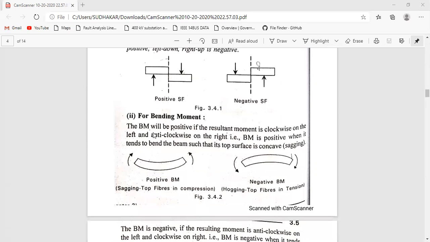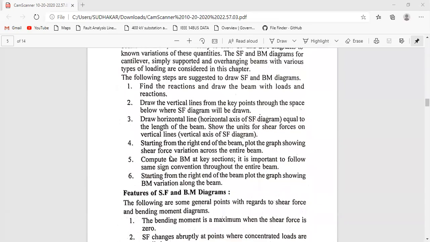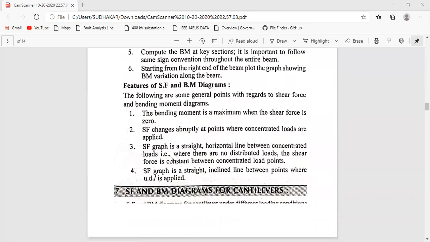For the bending moment, this is sagging. This deflection has a positive sign convention. Then this is hogging, which you can consider negative. This is the procedure for shear force and bending moment diagrams.